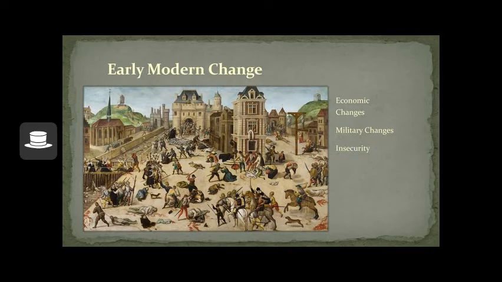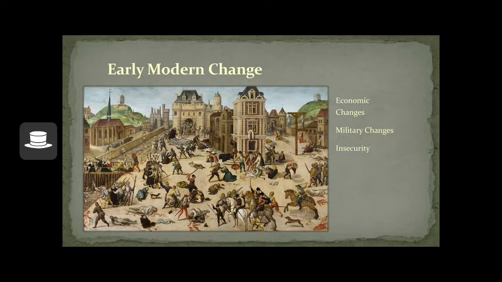Richer states were going to swallow up poorer states. And more organized, centralized states were going to swallow up feudal states. All right? So it's a real survival of the fittest scenario. And so a lot of the small little entities that we saw at the beginning were going to be swallowed.